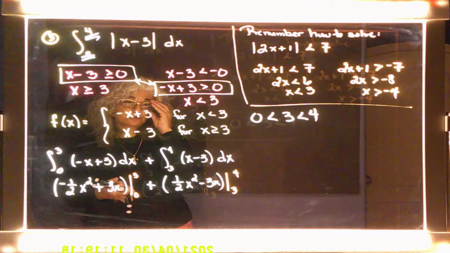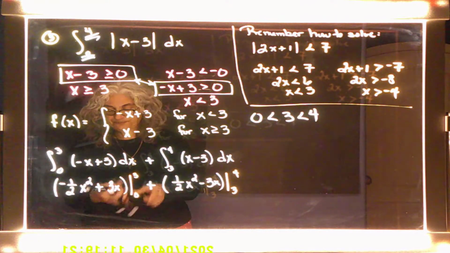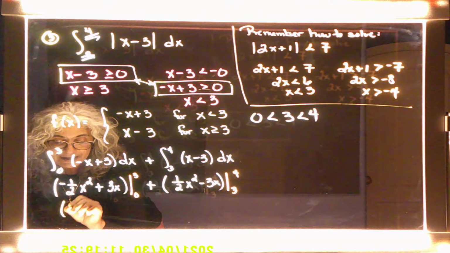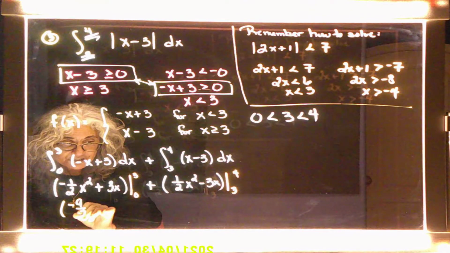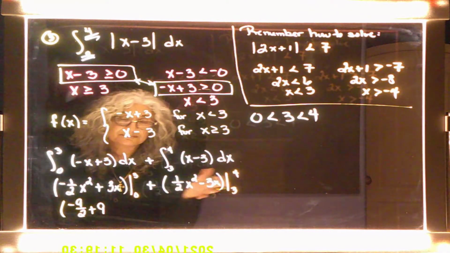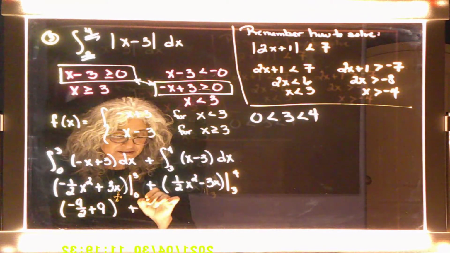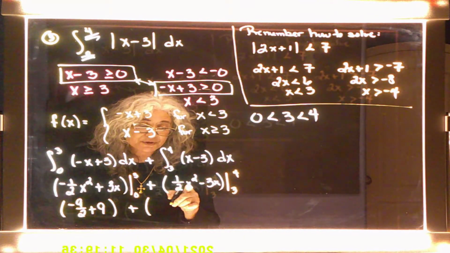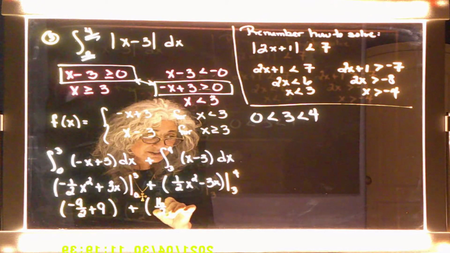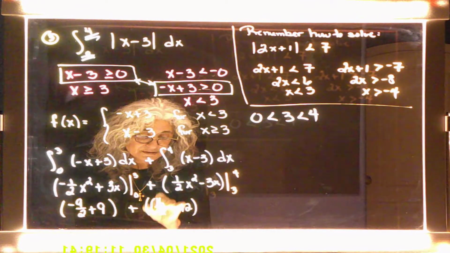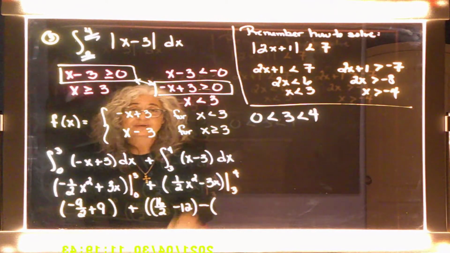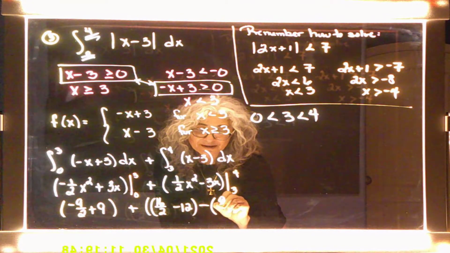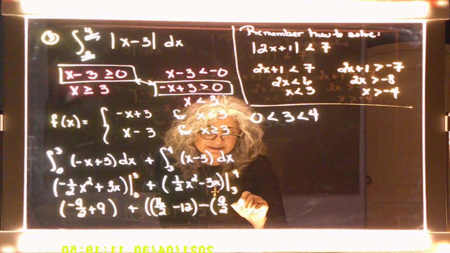Okay, so let's see. What do you guys end up with? Plug in the 3. Yeah, we'll have negative 9 over 2 plus 9 minus 0, so I don't have to worry about that. On the next one, you're plugging in a 4. So what is that, 4 squared? So we have 16 over 2 minus 12. And then we have a minus whatever we get when we plug in the 3. Yeah, that looks like 9 over 2 minus 9.